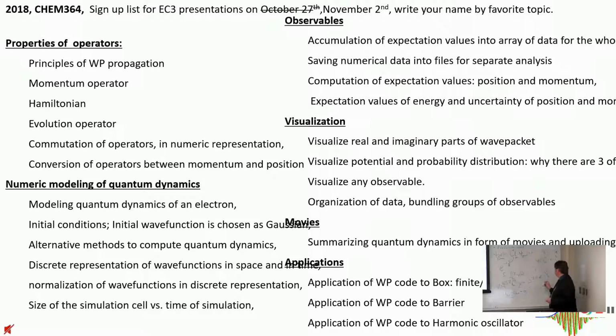But how do we program multiplication of this exponential with the Hamiltonian times delta t onto such a wave function? How should this exponential look? What should be the structure of this operator?